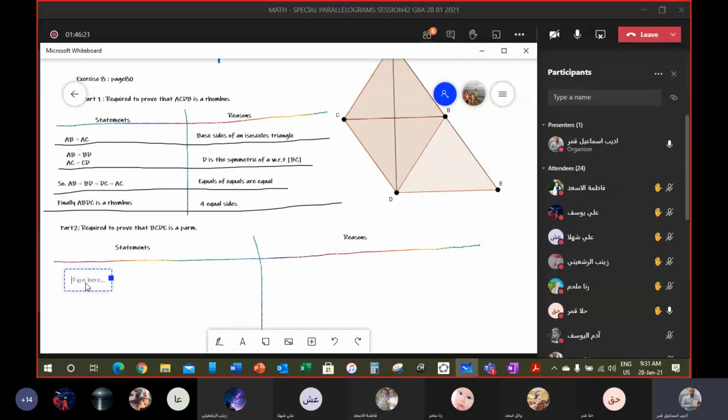We have BE equal AB first, because of symmetry, because E is the symmetric of A with respect to B. Continue, teacher, we are in part 1, you explain equal, equal, with the reason. Yes, continue Hala. We have DC equal AB, opposite sides of quadrilateral ACDB. AB equal BE, then EB equal DC.